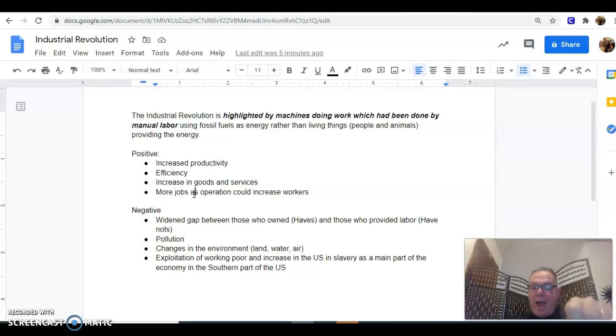So the gap, people were around here, like the wealthy might be here, and relatively speaking, the poor might be here. Well, what happened with industrialism, the wealth goes off the chart, and the poor are still staying there. That is because of industrialism, because those people who controlled the goods and services, the sources of energy, who made money by the increase in the desire for new things, got money.